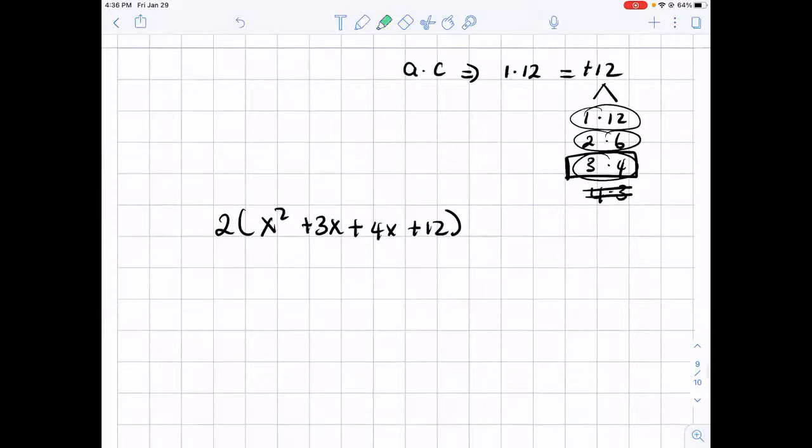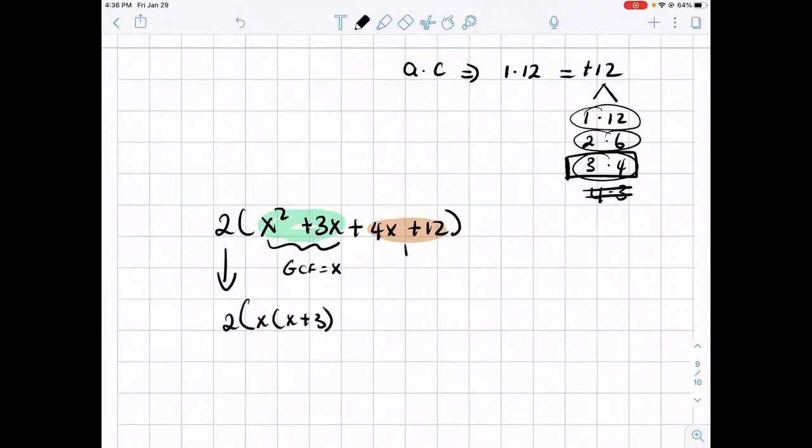And now we perform factor by grouping in here. So if we bring this 2 down, the GCF here is x. If we take out x, we'll have x plus 3. The GCF on this portion here is plus 4.